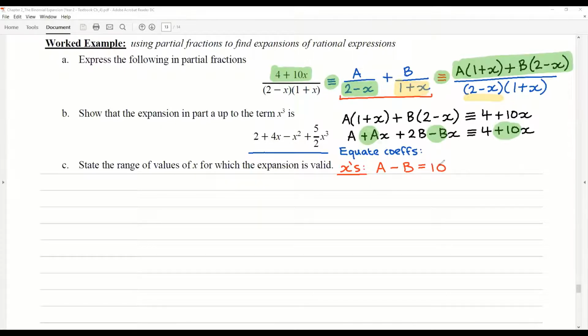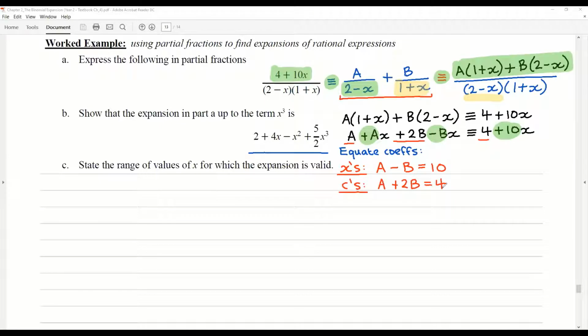Okay, good. And then let's compare the constants now. So for the constant term, I'll just call that C's, constants. What do we have? Well, it's whatever's left. So we have a plus 2b. So we'll put that in. a add 2b must equal 4.